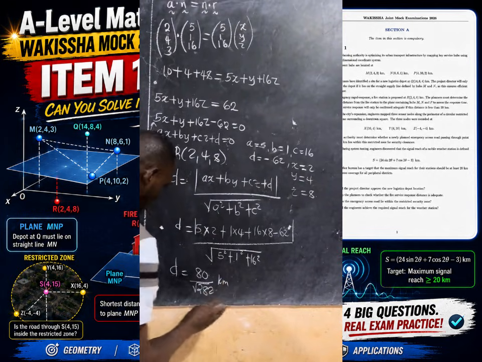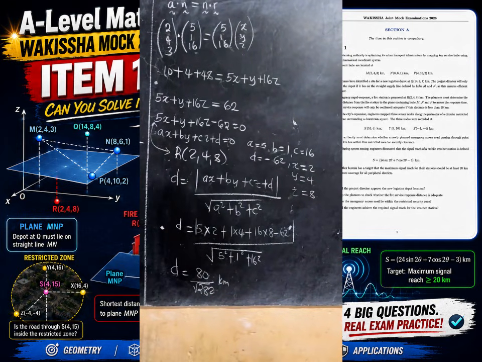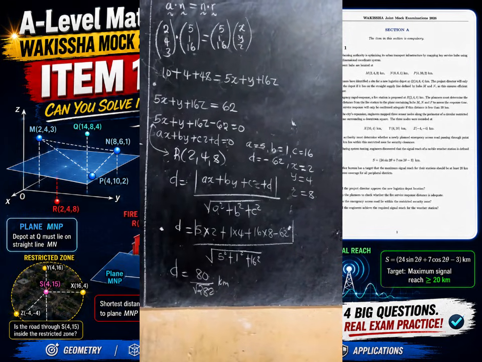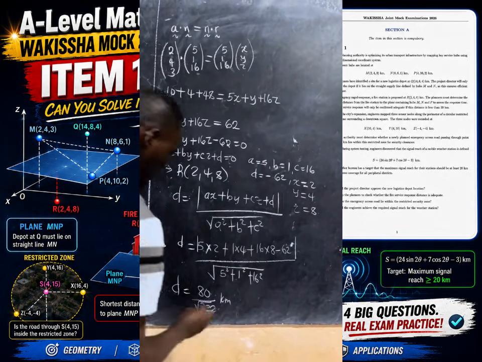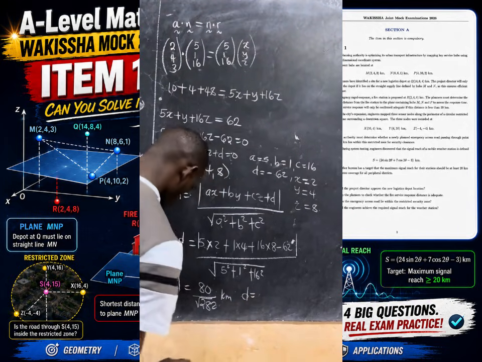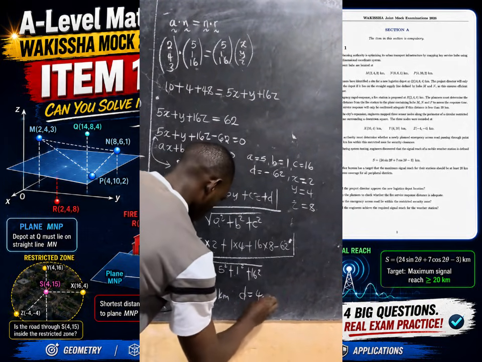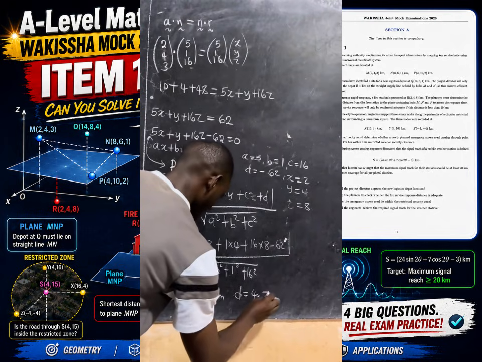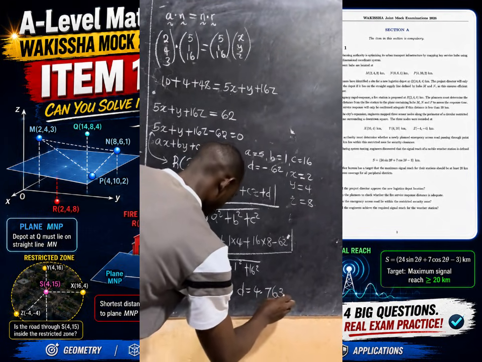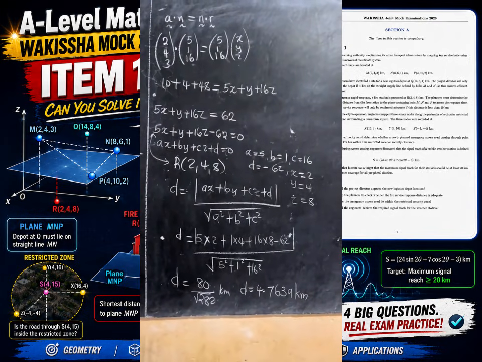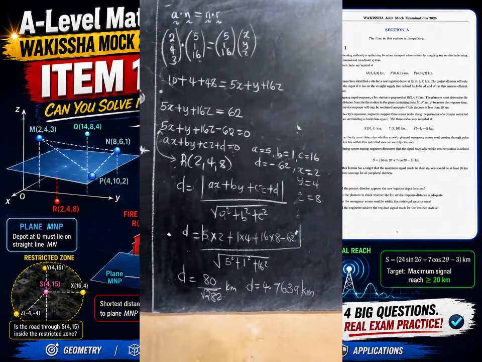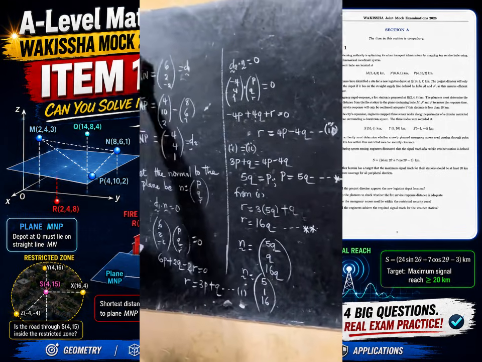Of course, these are kilometers. Then when I divide 80 by the answer, the distance is going to be 4.7639 kilometers.